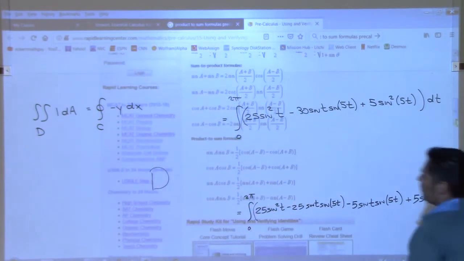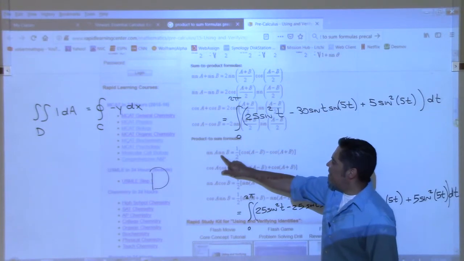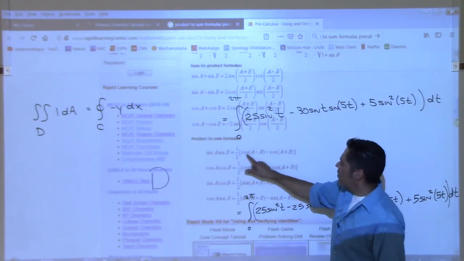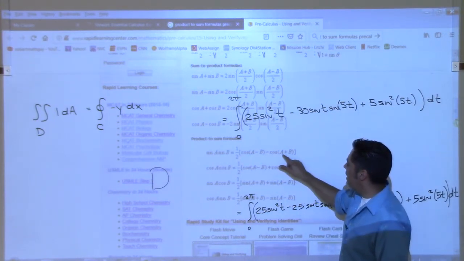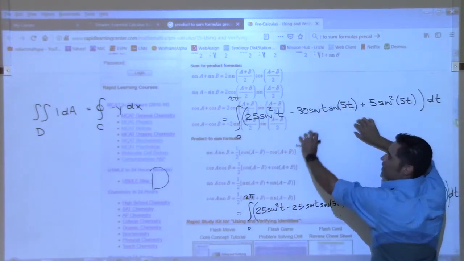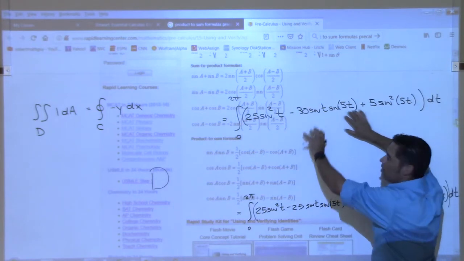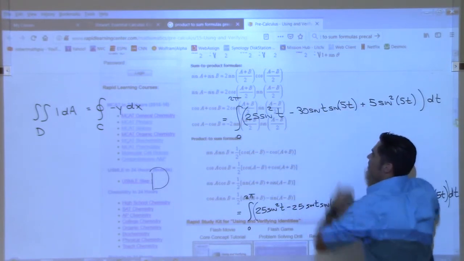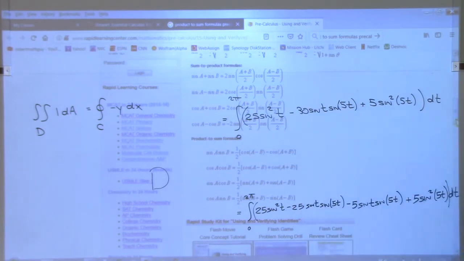But right there: sine of A times sine of B is equal to half of cosine A minus B minus cosine A plus B. So when you use this formula, you'll be able to take that and split it into two separate trig functions, both in cosine. And then you could just do those individually and it'll come out pretty clean. Make sense? I'm not going to go through it.